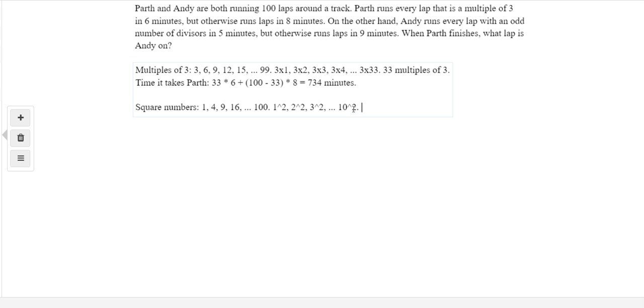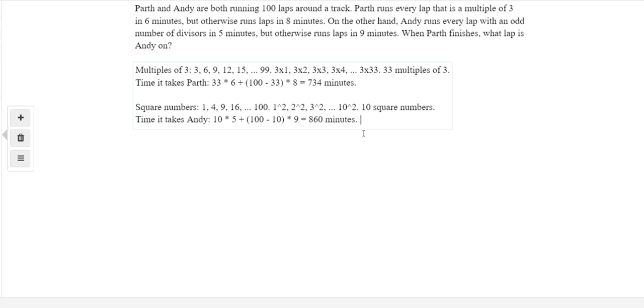And following the pattern here, we see that there's 10 square numbers. So we do a similar calculation for Andy as 10 laps, which take 5 minutes, plus 100 minus 10 laps, which take 9 minutes, for a total of 860 minutes.